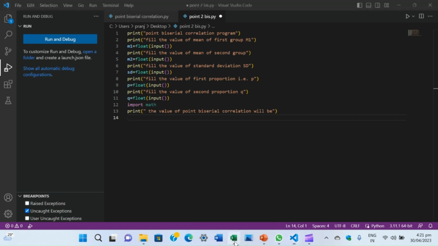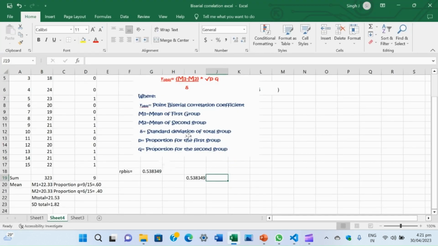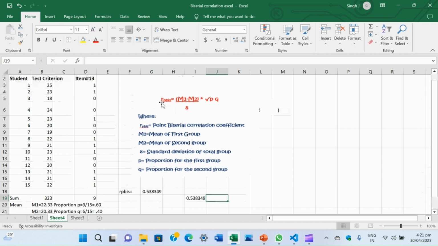First we see in the Excel file the formula: R point biserial is equal to m1 minus m2 divided by sigma multiplied by square root of p into q.